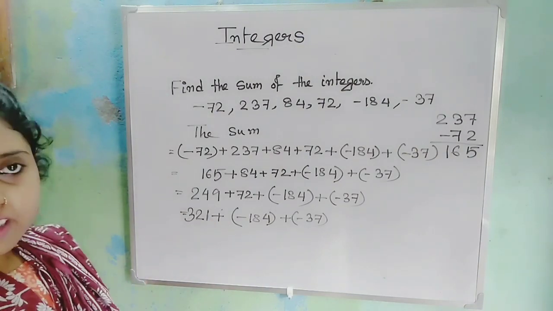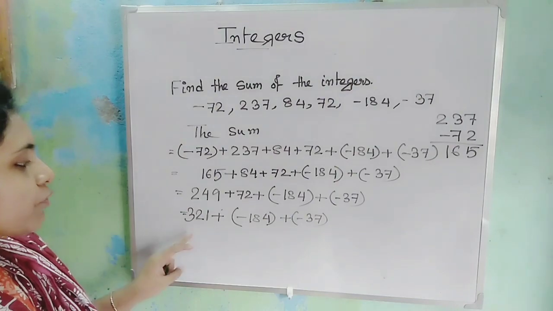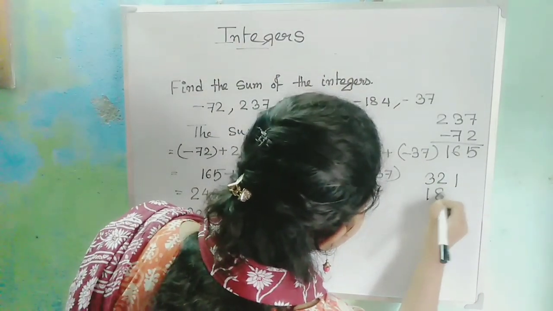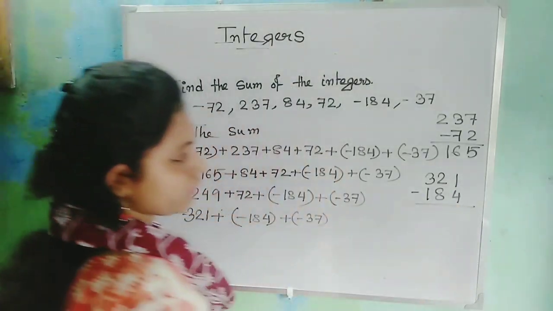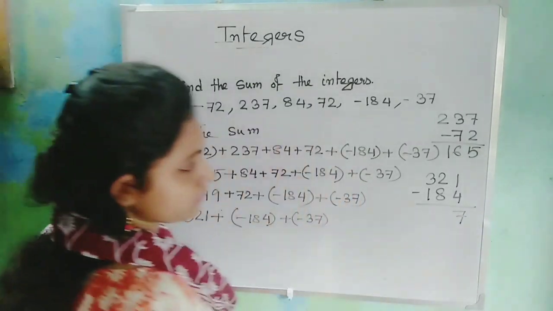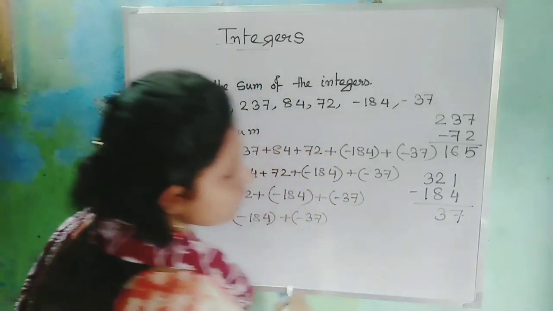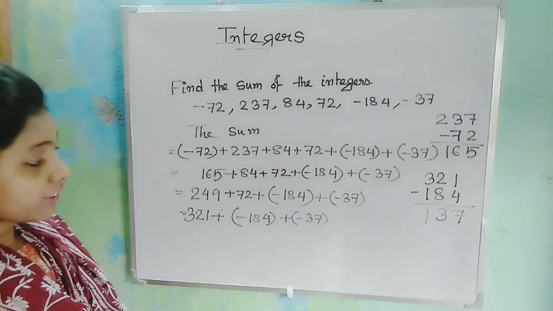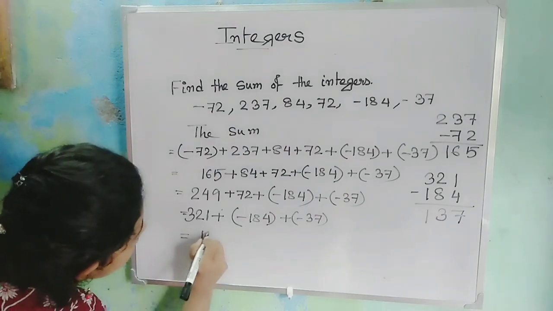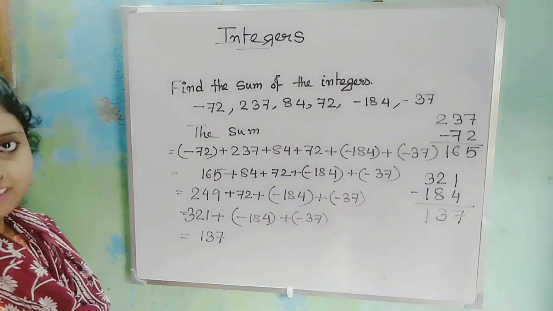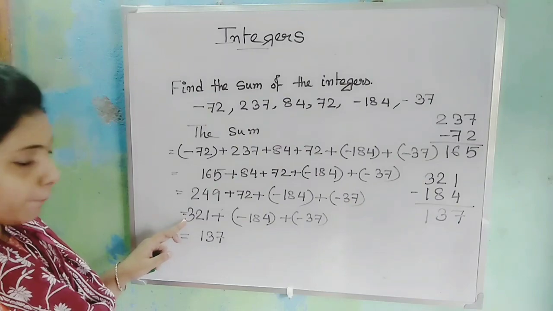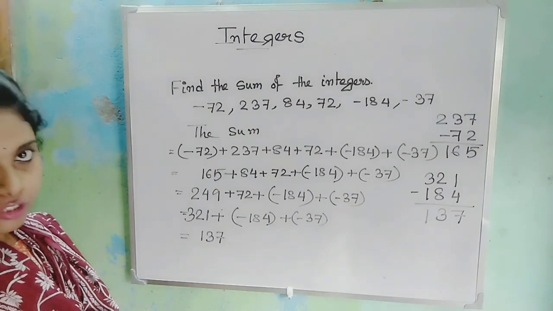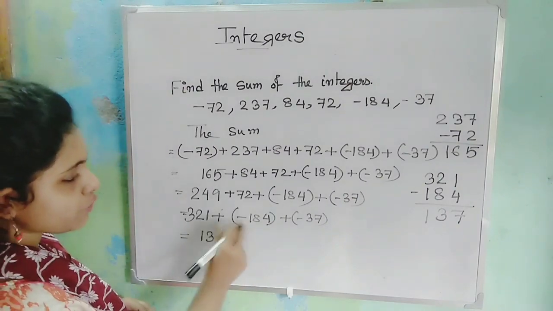Next we have to add these two. For this addition we have to subtract 184 from 321. So 321 minus 184 is 137. So we can write 137 and the sign will obviously be plus, because 321 has the greater absolute value between them.